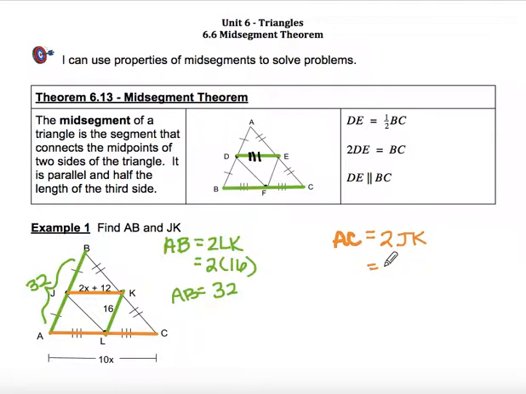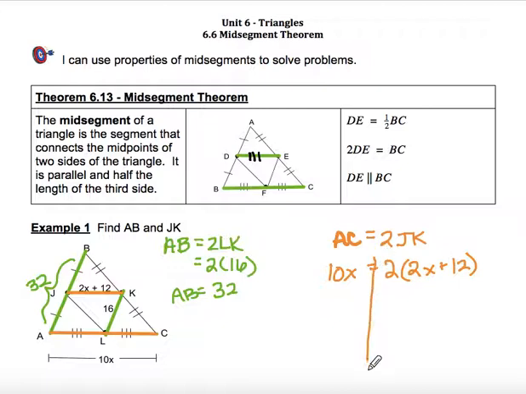Since JK is the midsegment, 2 of those are going to equal that third side. The expression given for AC is 10x, and for JK, the expression is 2x plus 12.